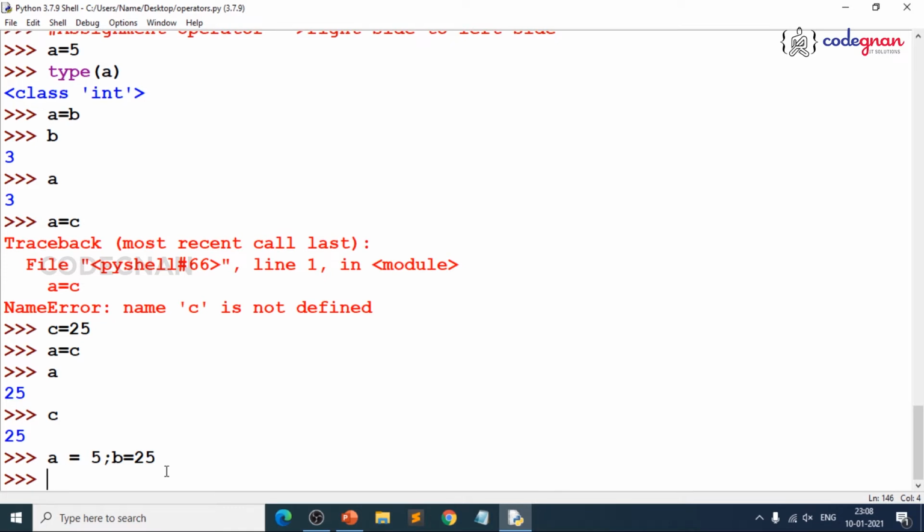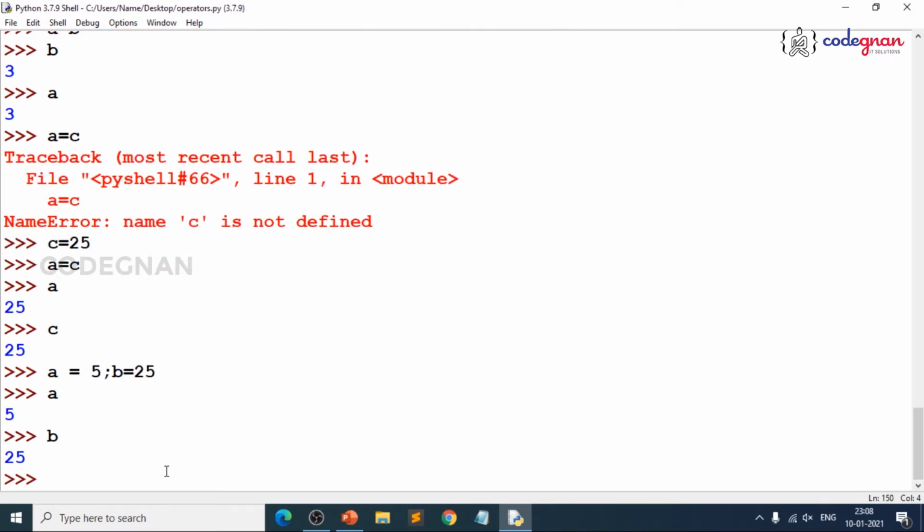You see the pronunciation, it is equals, where you are equaling the value. Here a is equal to 5, and when you are comparing a double equal to, both of them are equal. Here you are assigning. So a single equal to symbol plays a very key role when you are assigning the values. So a is 5, b is 25. Always remember that point, right? You are just assigning the values, so right side to left side. That is assignment operator where you start.